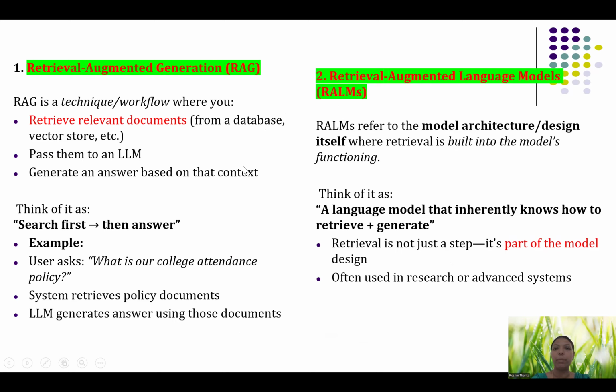But in RALMs, the model or the architecture itself does the retrieval, because the model is built using specific information. The language model inherently knows how retrieval and generation happen, because part of the model itself is trained on that. So that is the difference.